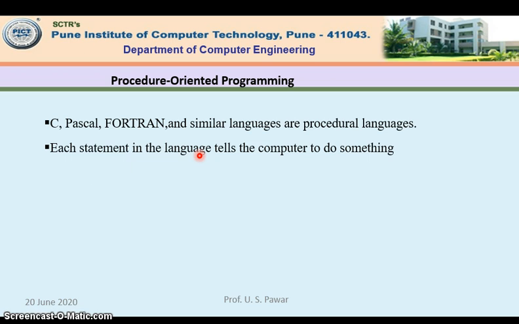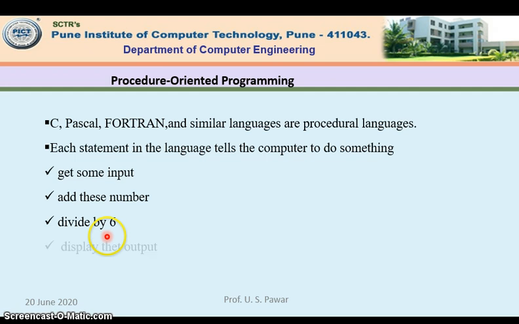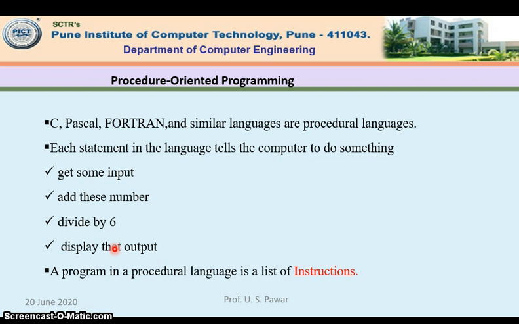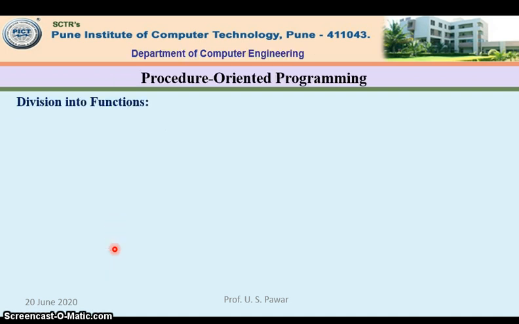For example, get some input, add some numbers, divide some number by another number, or display some output onto the screen. So basically, the program in a procedural programming language is nothing but a list or set of instructions, right?